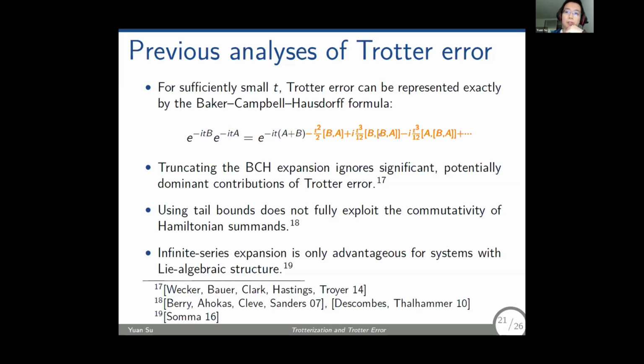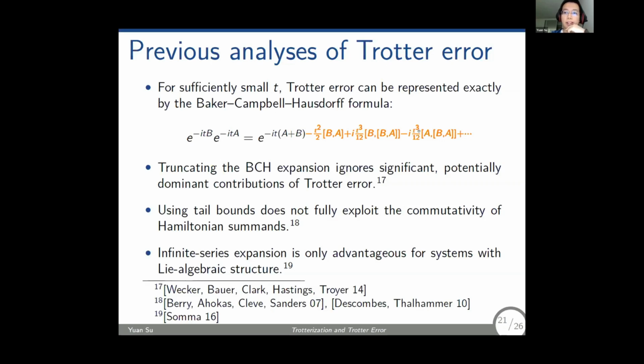If you want this series to converge, you need to choose a sufficiently small evolution time so that this formula will hold. And for many cases, this kind of convergence condition will be too strong for you to get an efficient quantum simulation.